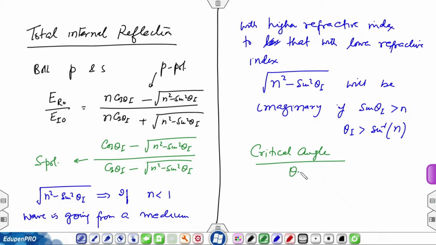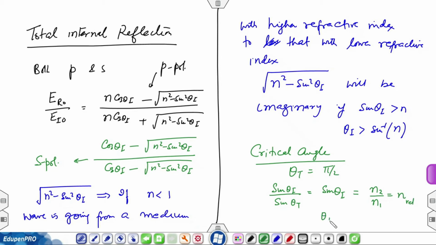where theta transmission becomes pi by 2, and therefore sine theta I over sine theta t becomes sine theta I, and this is equal to 1 over n, which is the refractive index of the second medium divided by the refractive index of the first medium, which is n relative.